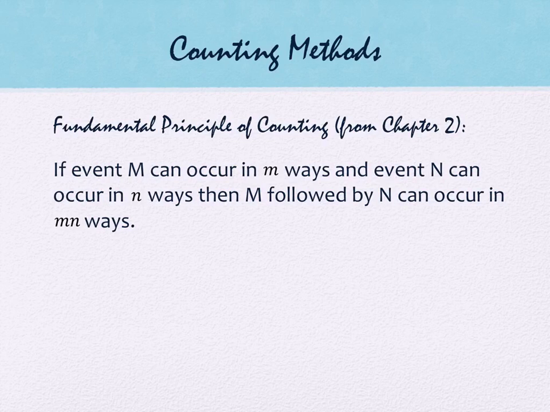The answer is you multiply the number of ways they individually occur, little m times little n. And in some sense, we've already done this every time we've worked with our tree diagrams. Every multiplication along every branch of our tree diagrams used this property. How do you get a 1 and then a 2? Well, how many ways do you get a 1? How many ways do you get a 2? And we go from there.